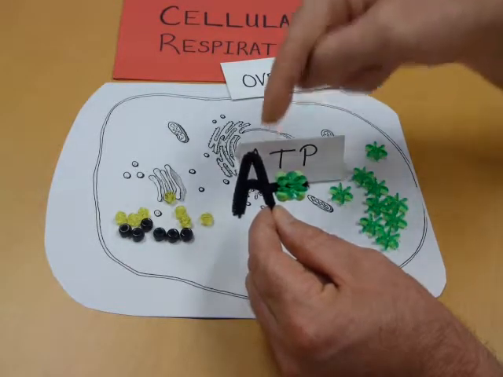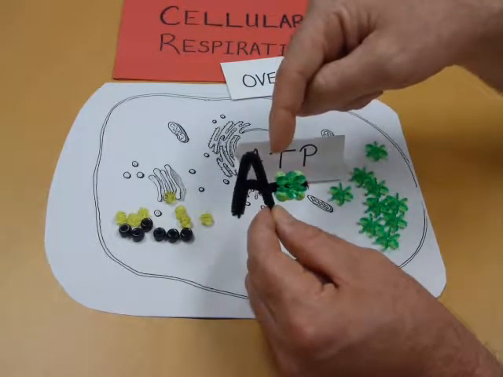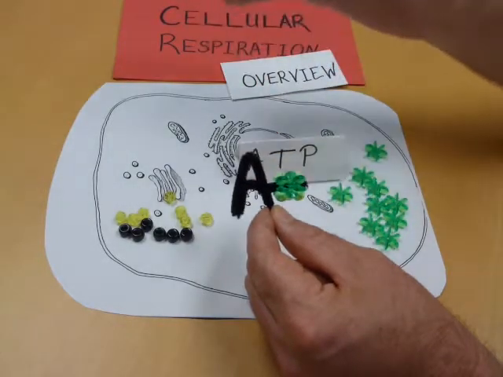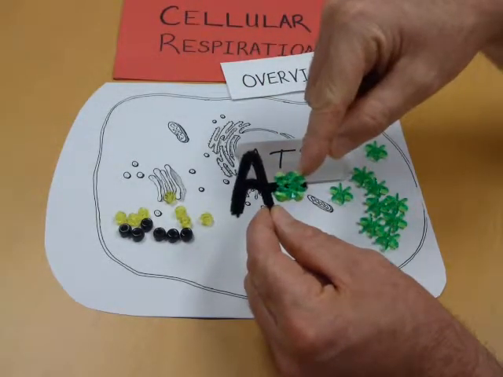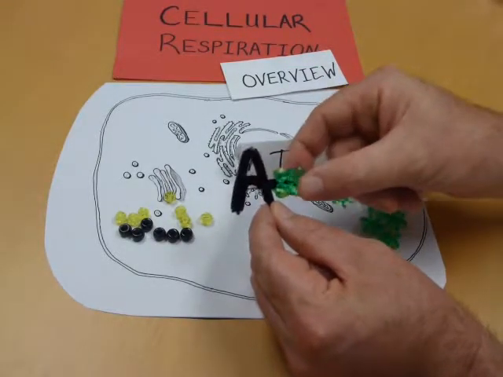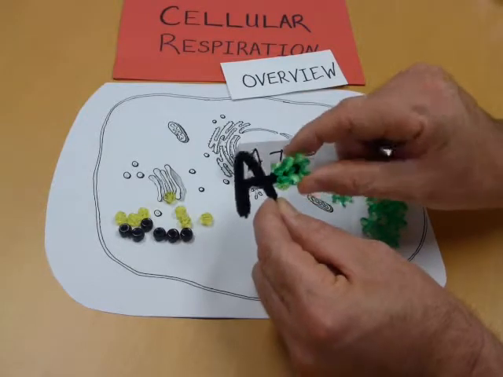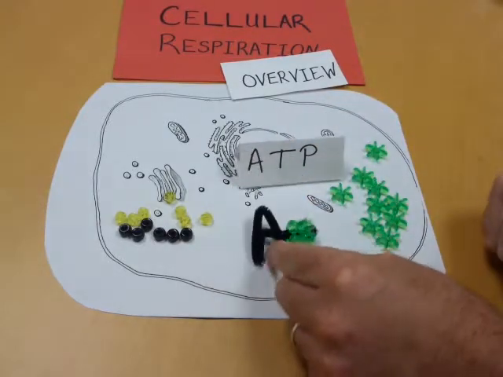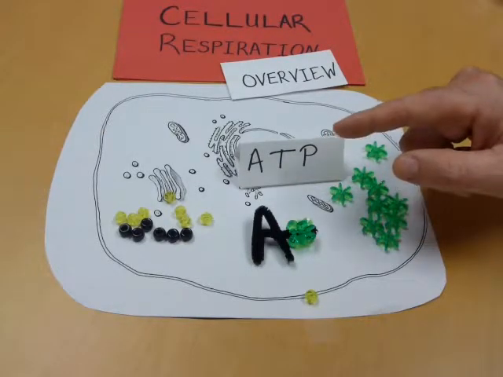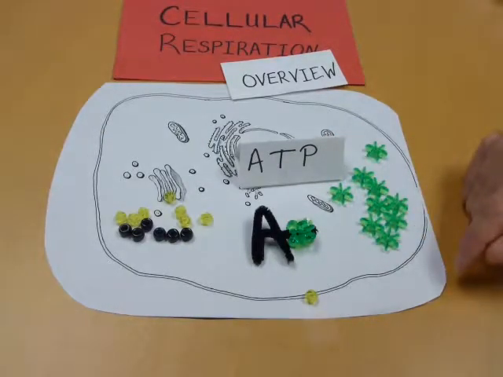So it's really just charging up ADP. It's not making ATP just out of thin air. It's just adding a phosphate. And this molecule can then be used to do work by popping that phosphate back off and transferring it to something else. ATP is the workhorse of the cell for most situations that we'll run into.